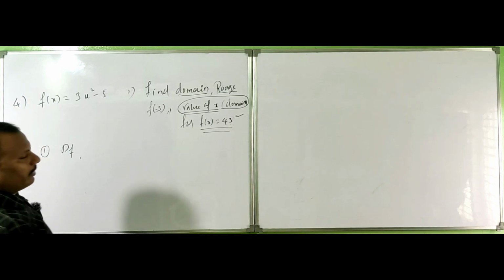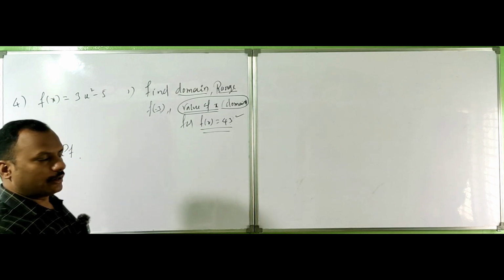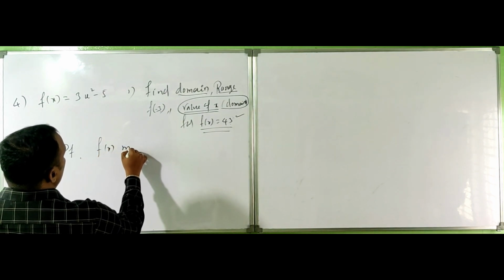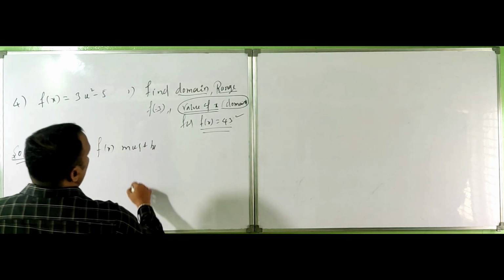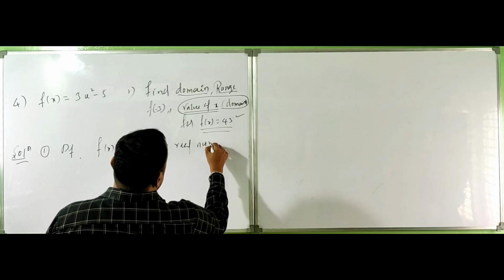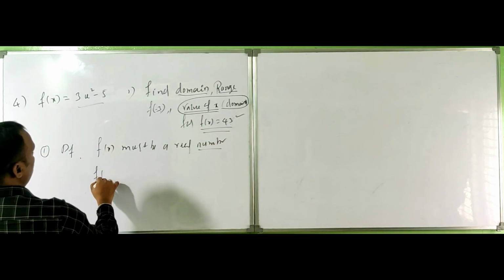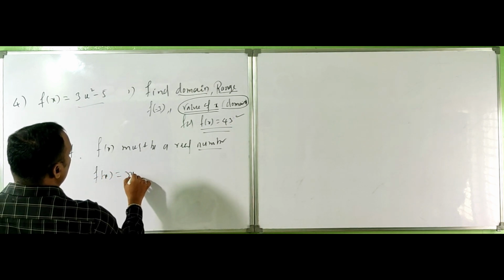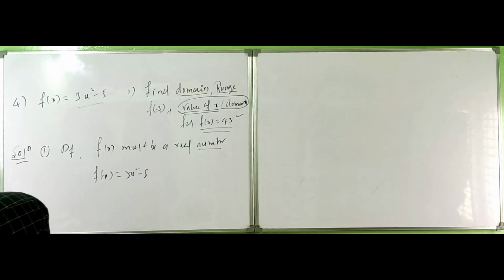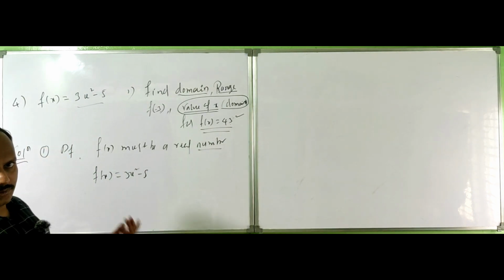For the domain of f, f of x must be a real number, a real value. Here f of x is 3x square minus 5, and we don't have any square root, division, or anything else.